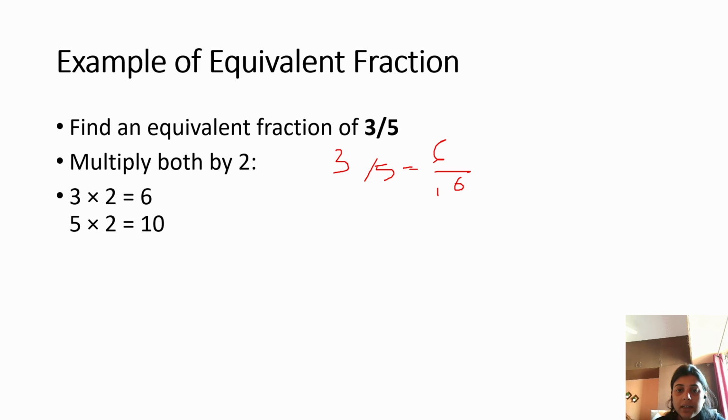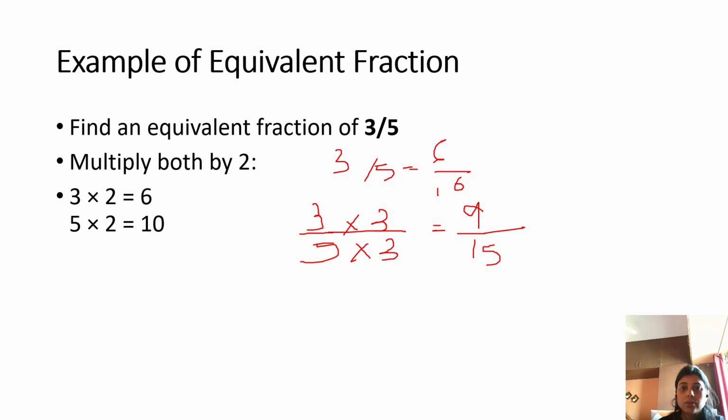Then if we multiply this 3 by 5, both numerator and denominator, with an equal number, let's say 3, we will get 3 threes are 9 and 5 threes are 15. So 9 by 15 is the equivalent fraction of 3 by 5. There are many equivalent fractions of a fraction.